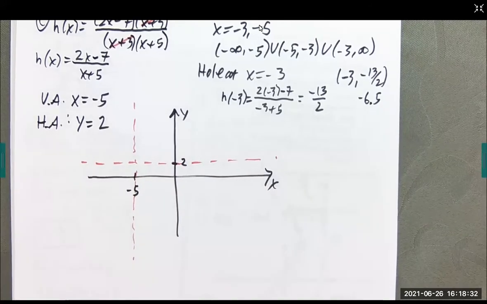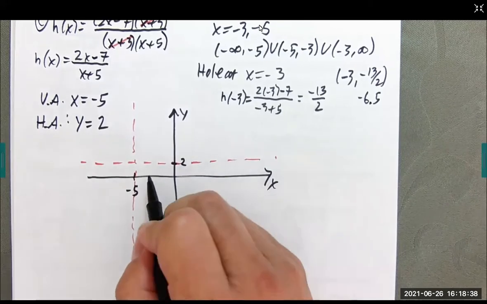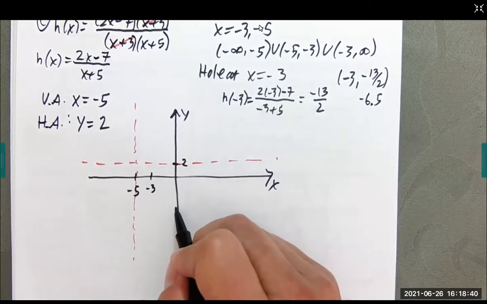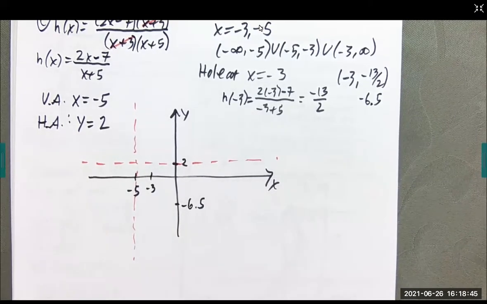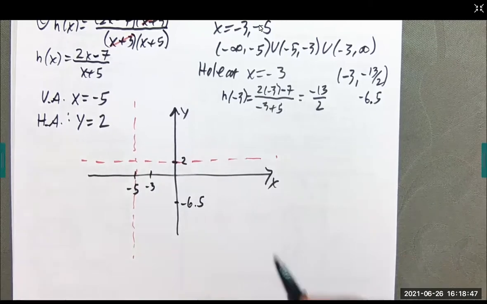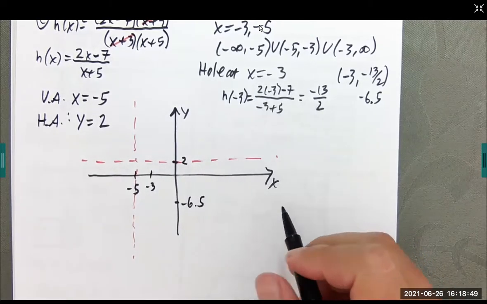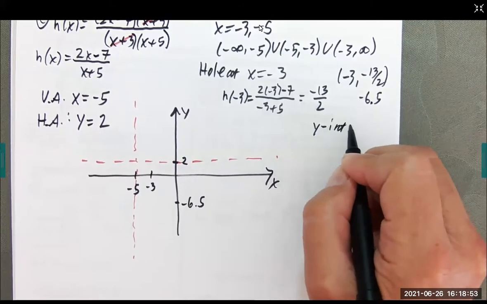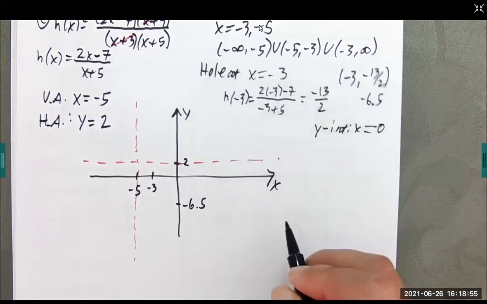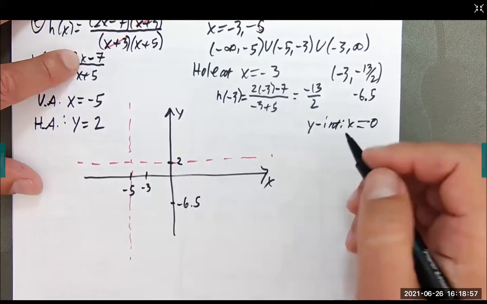We have a hole at the point -3, -6.5. So we'll go here, -3, -6.5. Oh, we haven't found the intercepts yet. That's okay. So let's find the intercepts. Y-intercept, x equals 0, at -7/5.